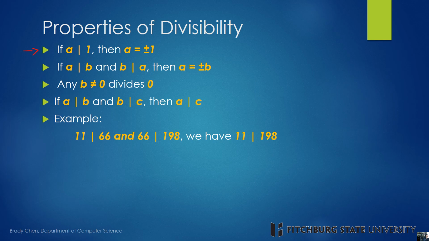This looks very trivial. 1 is the smallest positive integer above 0, so 0 is different. If anything can divide 1 and the result is to remain an integer, then the only thing that can divide 1 is 1 itself, or minus 1.